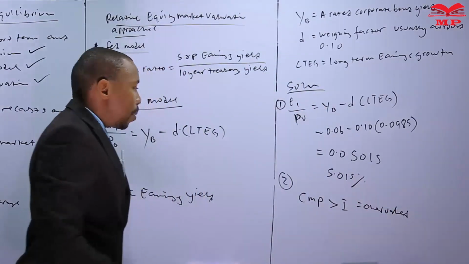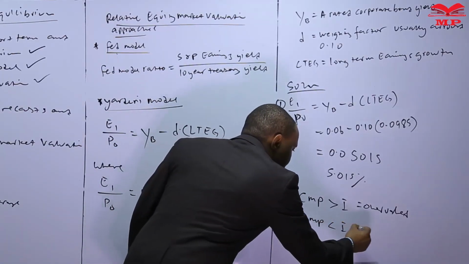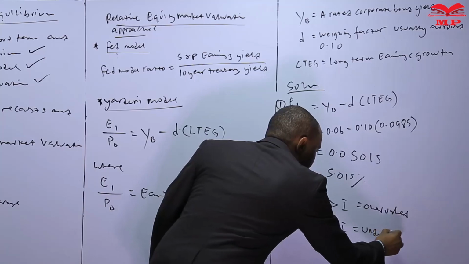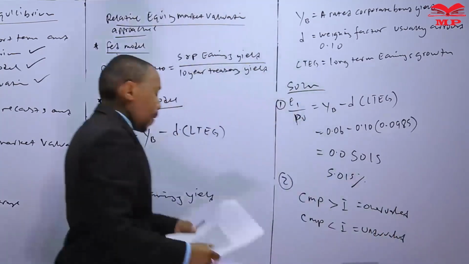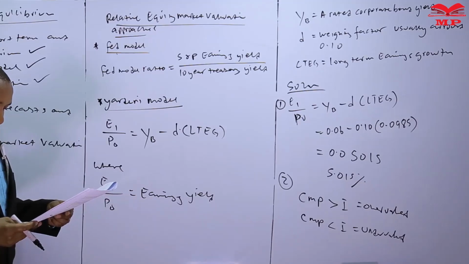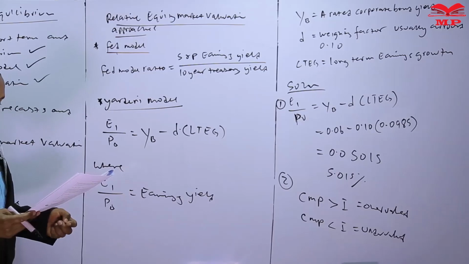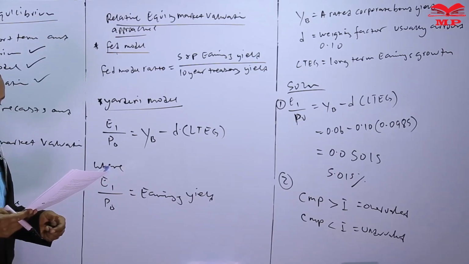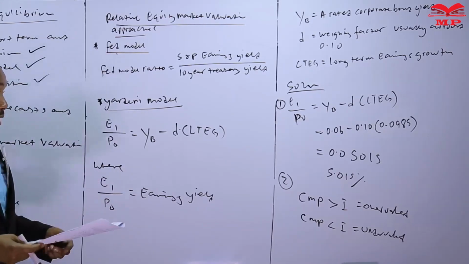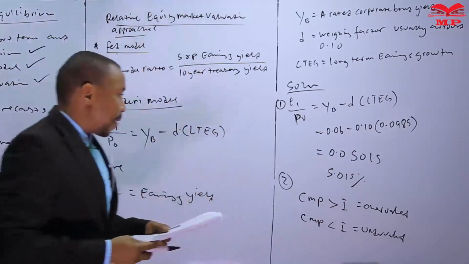But if the contrary, if the current market price is less than the intrinsic value, it is undervalued. So in this case, we are comparing the 5.015% with the 5.5% that has been given.